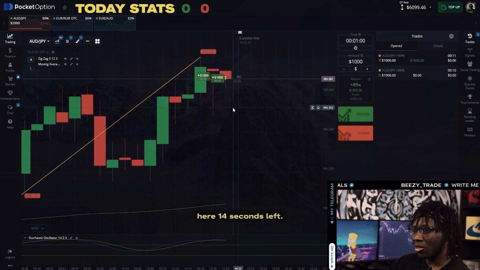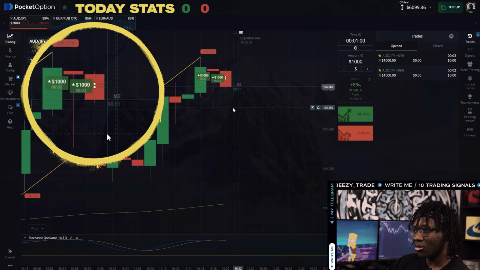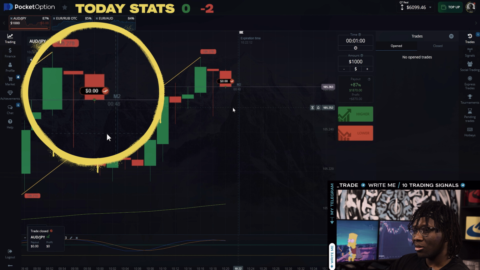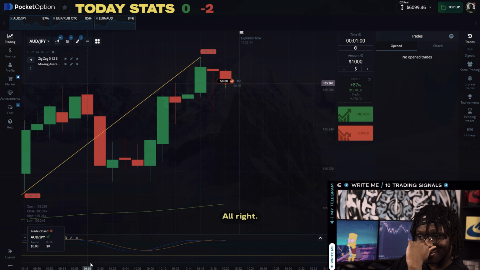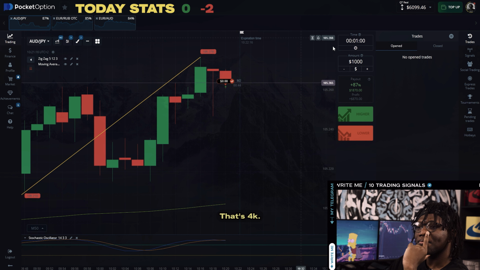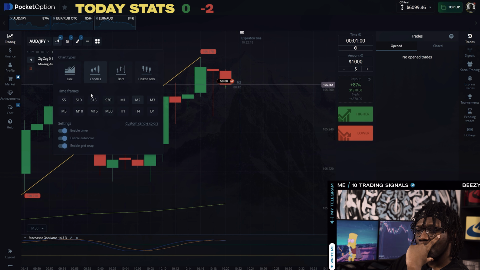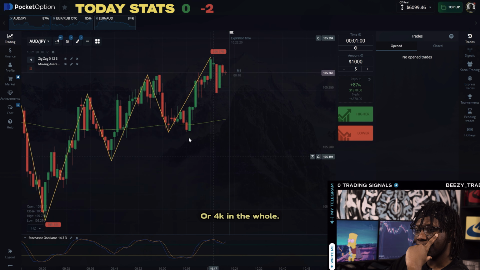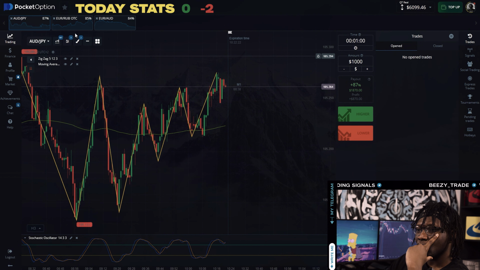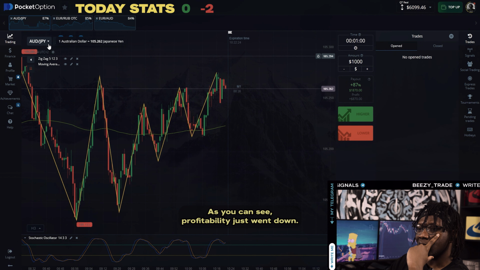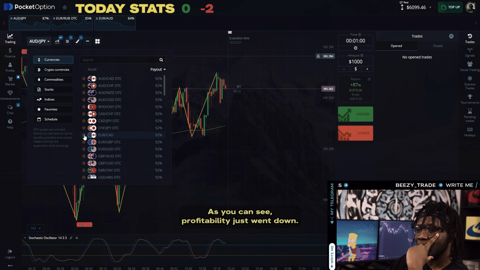With 14 seconds left. 10, 9, 8, 7, 6. All right, that's 4K. All right, we're 4K in the hole. As you can see, profitability just went down.